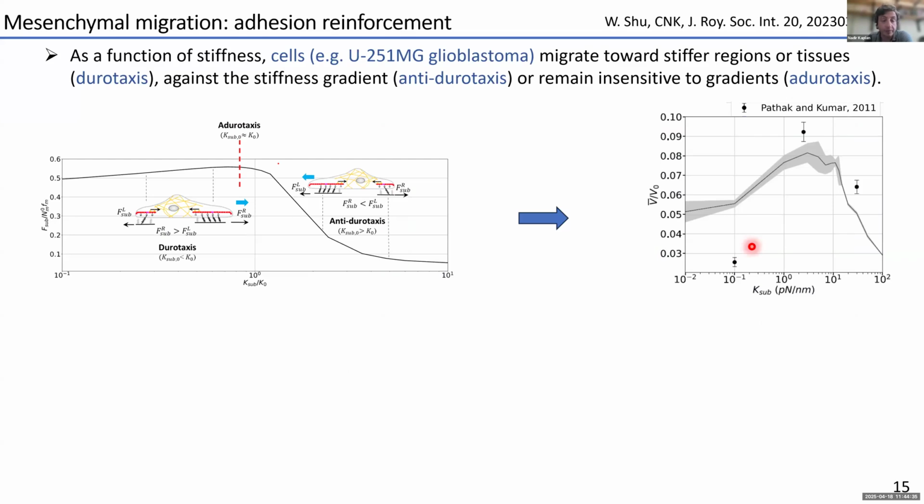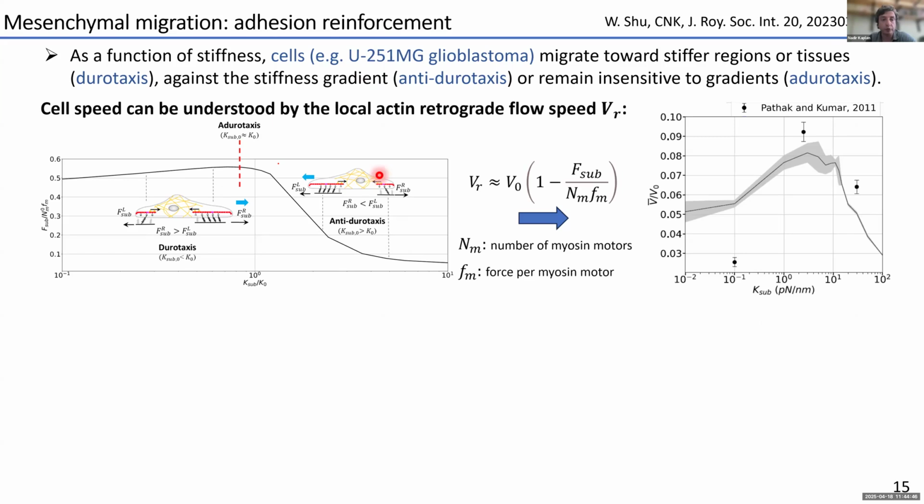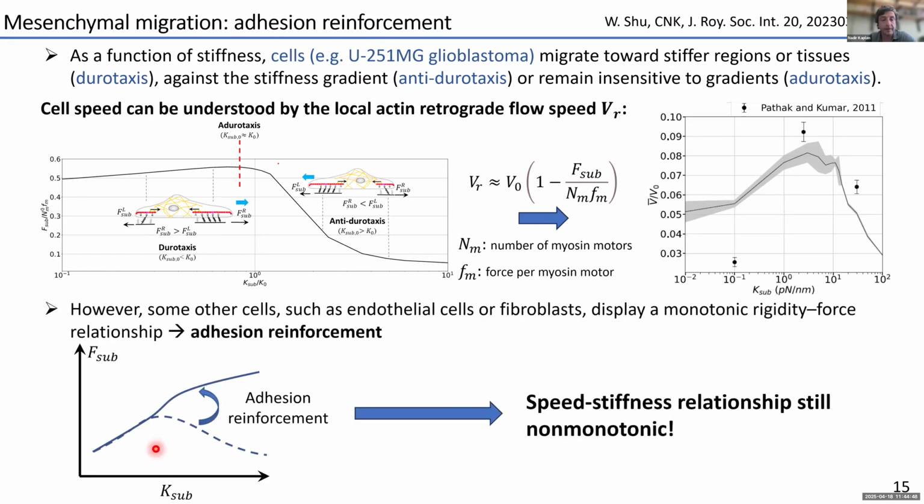So now this is a picture, but what I actually excluded in the picture that I showed you so far is an effect which is called adhesion reinforcement, that corresponds to cells displaying monotonic rigidity-force relationships.